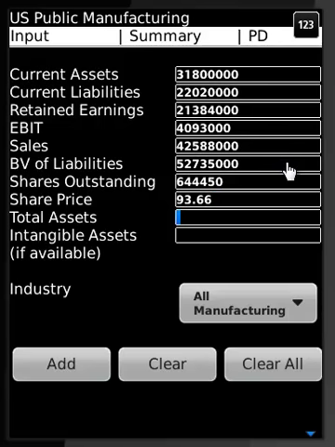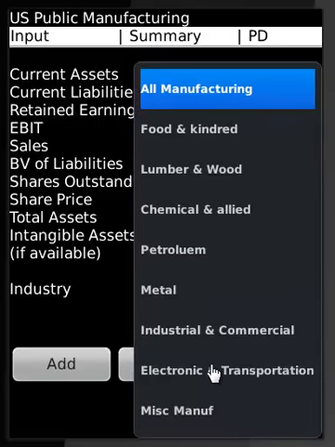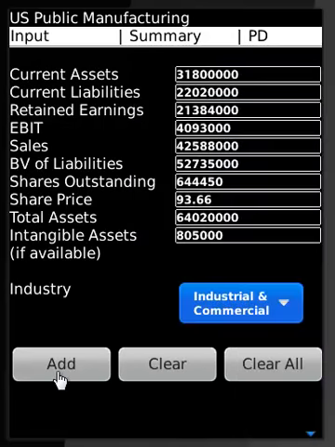Total assets is 64020000, and intangible assets is 805000. This is in the industrial and commercial sector.